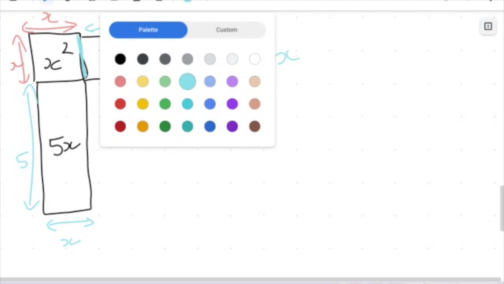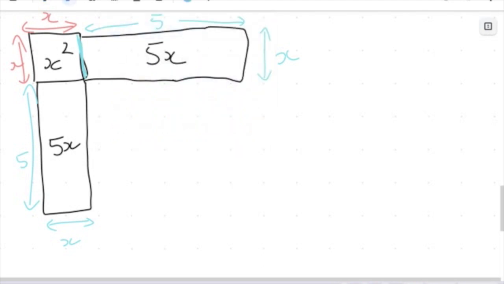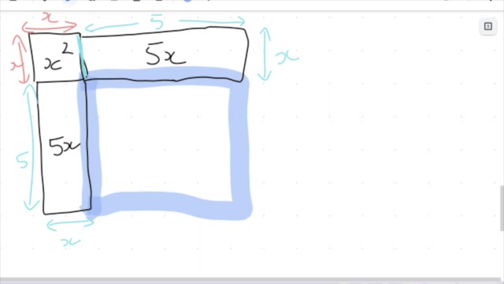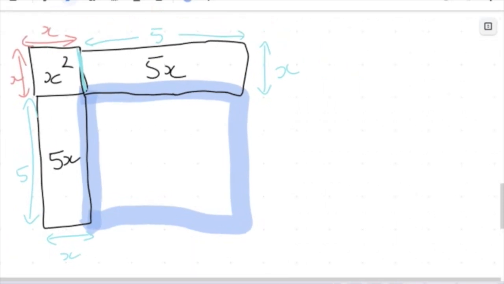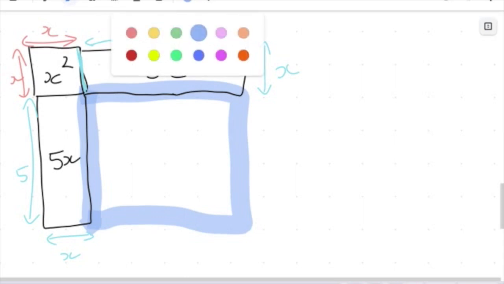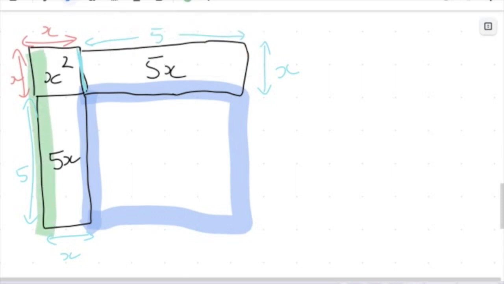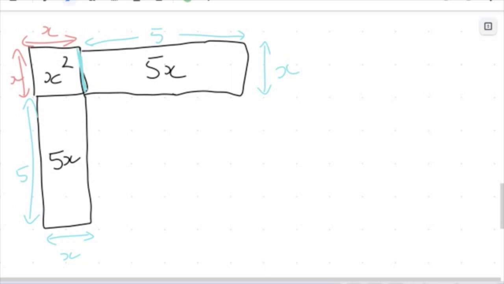And I want to see, well, what area is going to make up this remaining bit here in order to give me a perfect square. Something that has equal dimensions up here by along here. Okay, let's see what information my question's giving me.